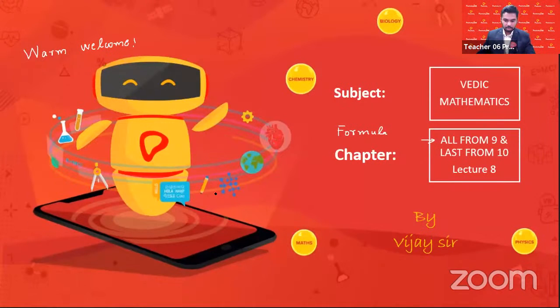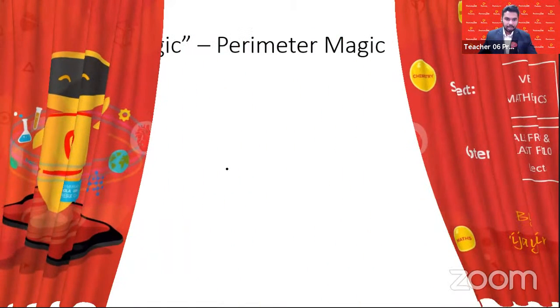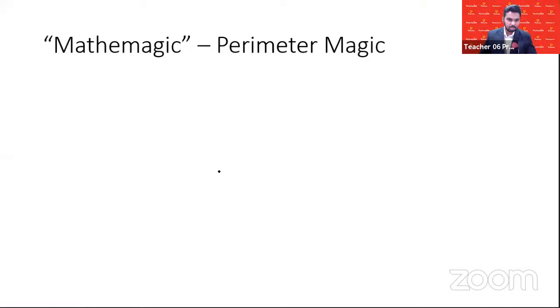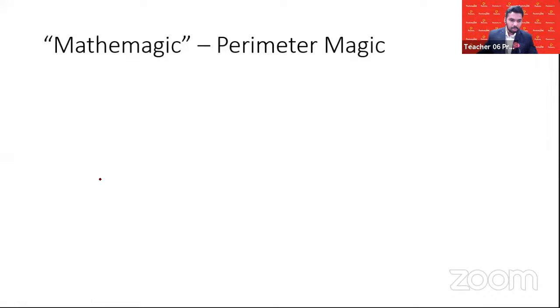So let us jump right into the class today, and we are going to start with this mathemagic. So this is all about a puzzle where we will introduce how we can write numbers along the perimeter of a triangle. Okay. So we are ready to start. We see a triangle, and in the middle there is a number that is written.